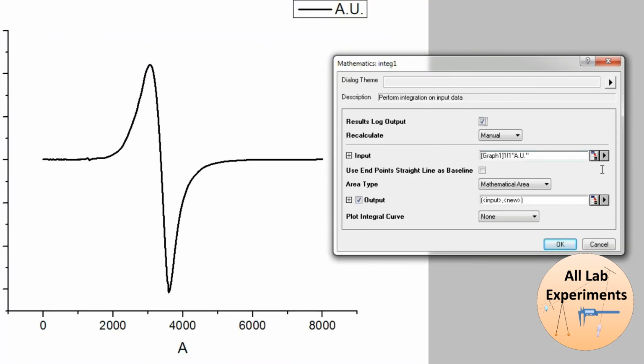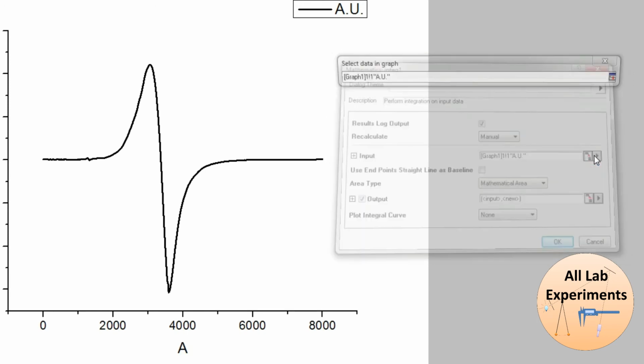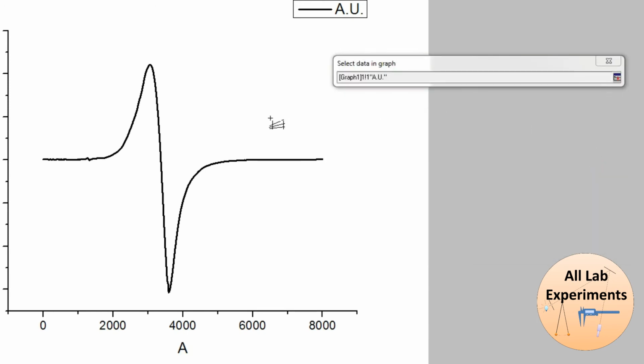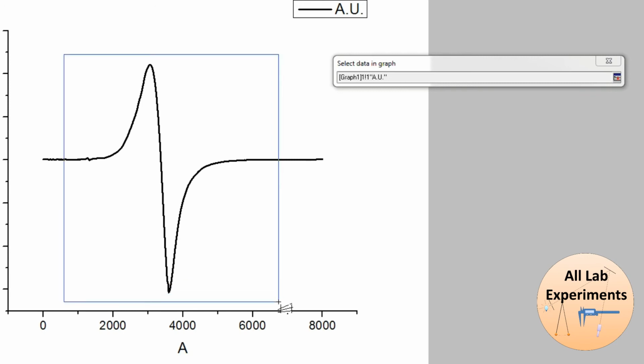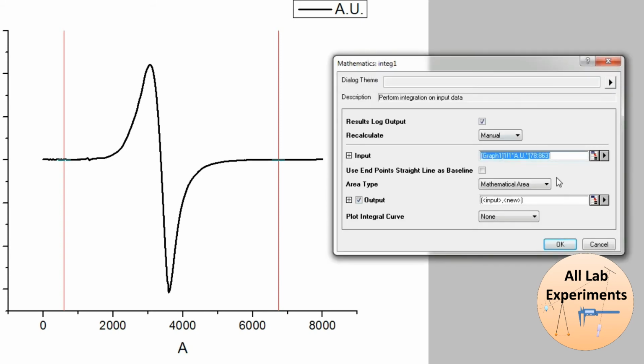In the case of input, I can select my data. If I press this, I am free to choose the range in which I want to integrate this curve. Next, I can get either the mathematical area or the absolute area, but we are doing this for the mathematical area.